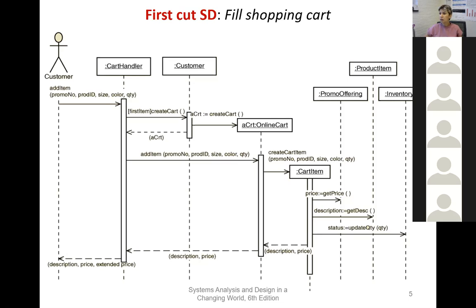So I'm asking you to read these and tell me where I need data access layer objects and what they will be doing. Will they be doing read, update, delete, or create? I'm going to give you a minute. Look at the names of the methods and the knowledge you have about the use case, which is fill the shopping cart.